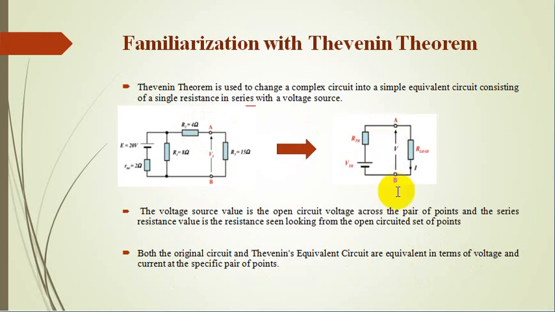So the circuit parameters like voltage and currents in both circuits are equivalent. Keep this in mind when solving with the Thevenin theorem. The circuit parameters do not change whether we consider the original circuit or the Thevenin circuit, but this holds for the particular pair of points.